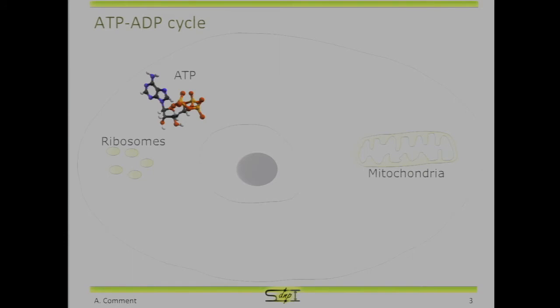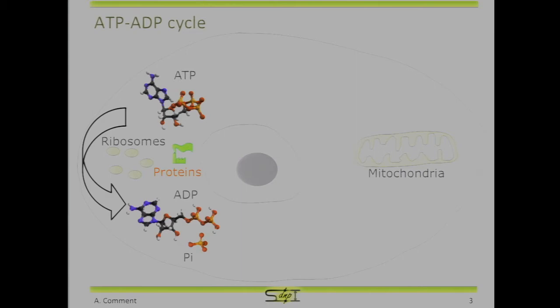To do this energy transfer, as I said, ATP is the unit that you talk about. So you start from, let's say, a molecule of ATP that is in your body. This ATP can be used, for example, by ribosomes inside a cell. It's not very clear here, but it's a cell. And it's going to manufacture, for example, proteins, right?